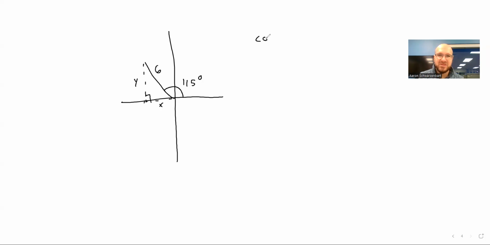So I know that cosine of 115, and yeah, I'm looking at it from this perspective of this angle, but I'm going to use my 115 because that'll take care of my sign, positive or negative signs for me. And that is adjacent over hypotenuse, x over 6. So 6 cosine 115 is my x. I'll do parentheses there. Make it nice and clear.